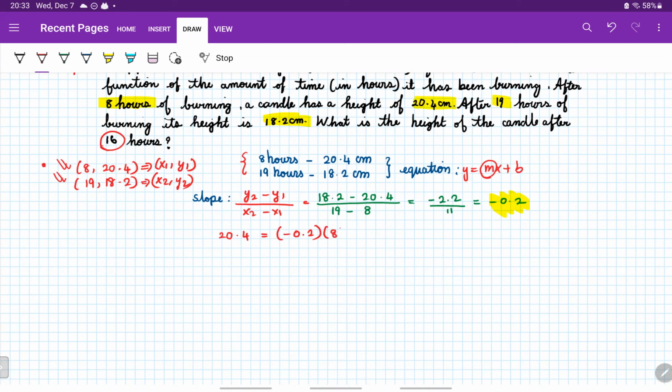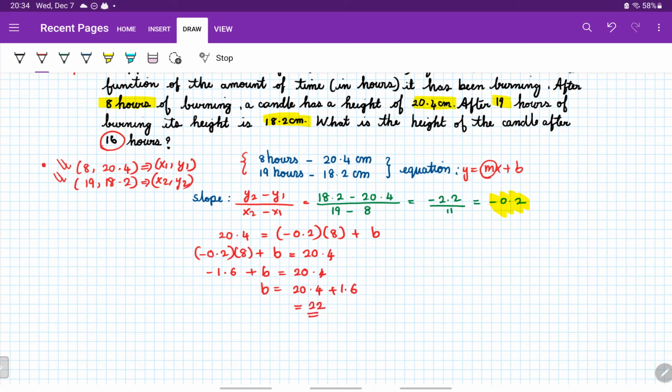And then we want to know what b is, right? So I will just write this equation the other way around: negative 0.2 times 8 plus b equals 20.4, and this would be negative 1.6 plus b equals 20.4, and b is 20.4 plus 1.6, which will give us 22.